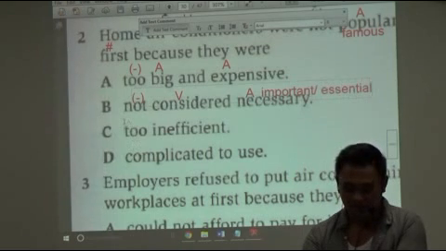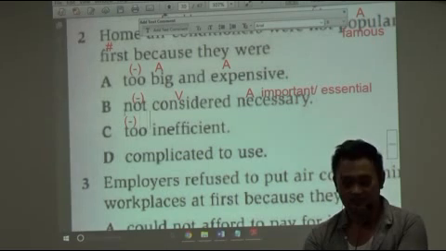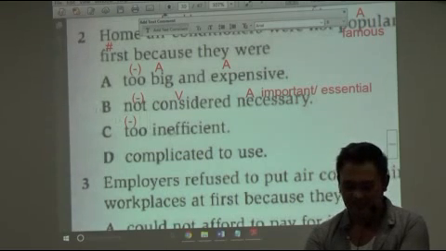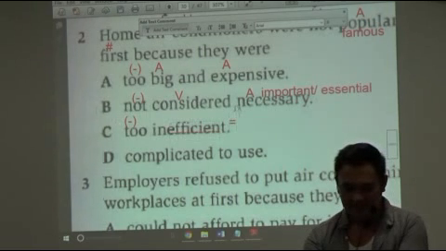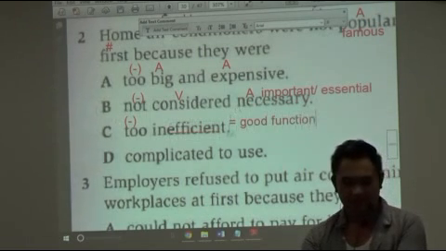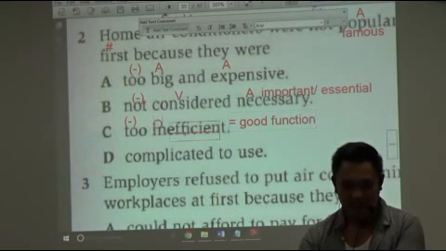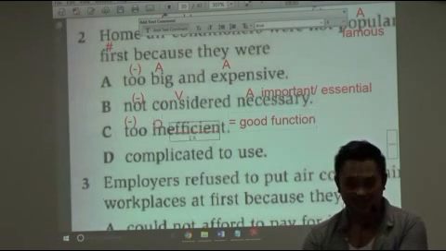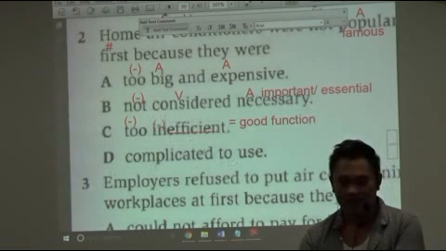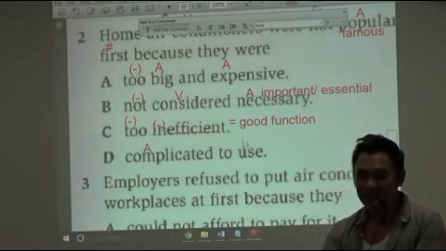C. Too inefficient. John, what does efficient mean? Efficient means it has good function. Inefficient. What does that mean? Not. Negative. Complicated to use. Complicated is adjective. Use is verb.